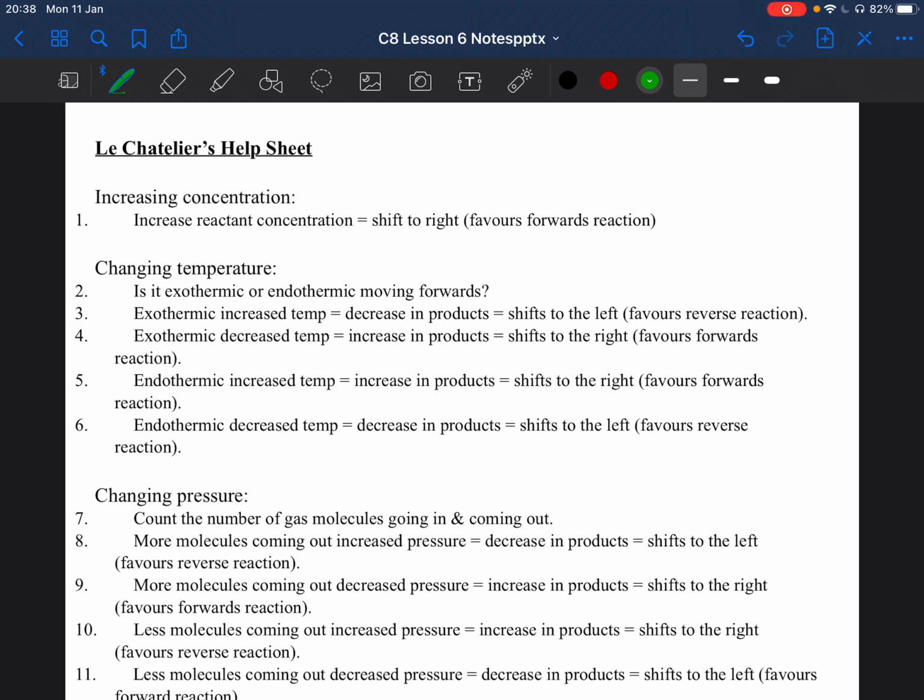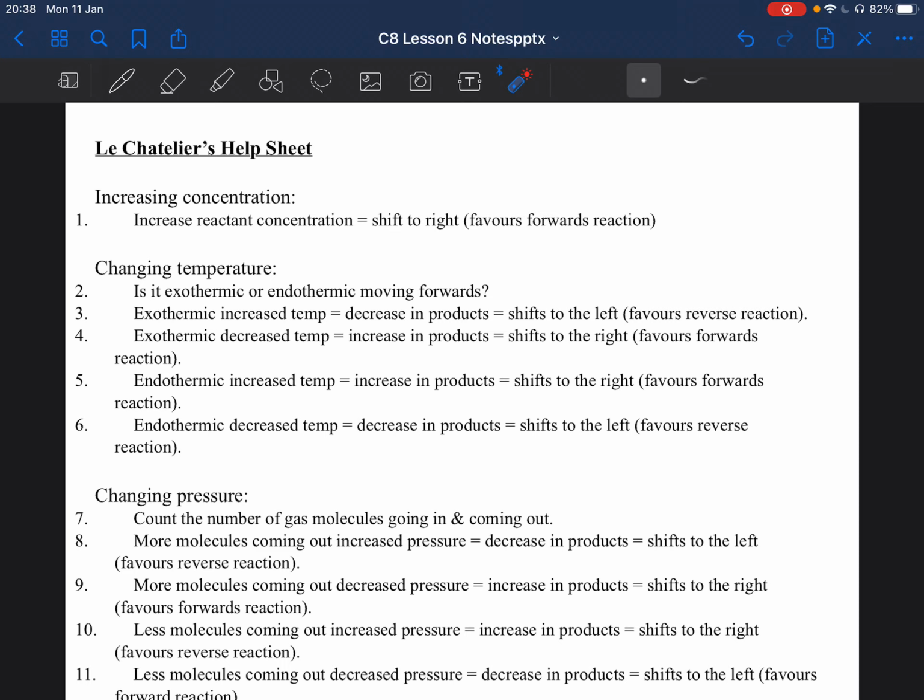It's just a set of steps that you can do when you are looking at an exam question that will point you in the right direction. Start by looking at what your exam question is telling you. Is it telling you that you're increasing concentration, changing the temperature, or changing the pressure? Once you've decided which one of those factors it is, then look at the steps that are underneath it.